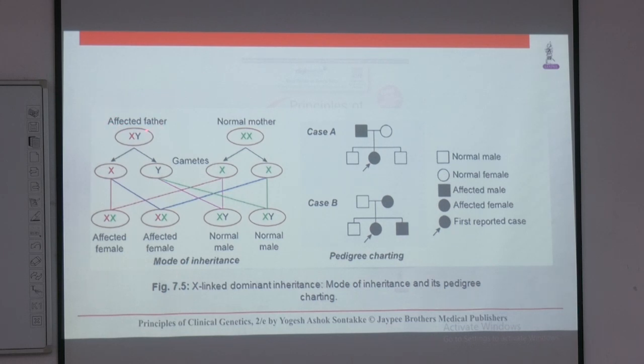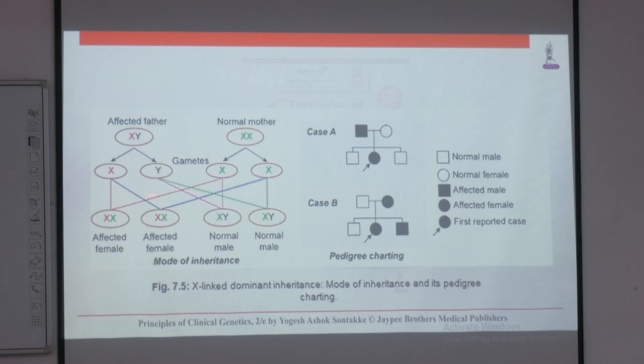From the affected father, one X, the red one over here, which is the diseased X, is transmitted to the next generation, splitting into X and Y. This X, mating with the X of the healthy mother, is transmitted as affected. From this father, all the daughters you can see get this disease, and all of them will be affected daughters.